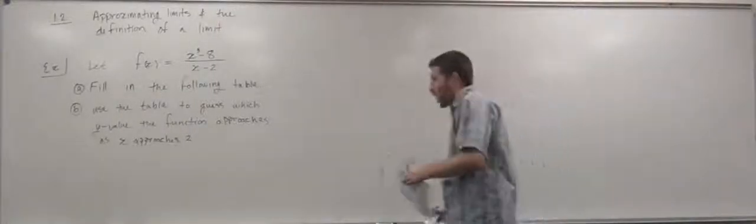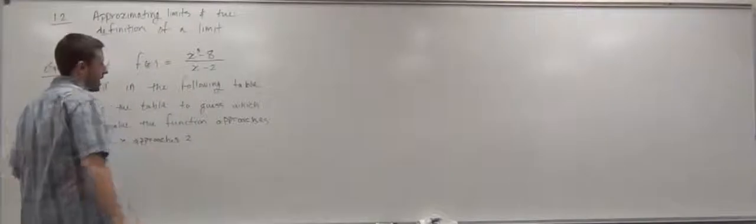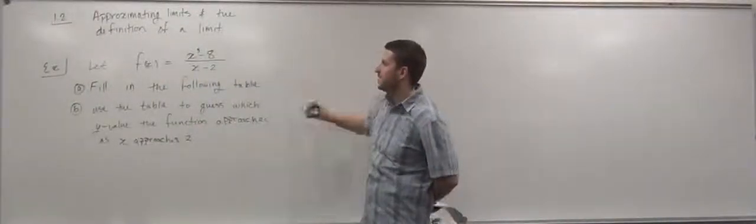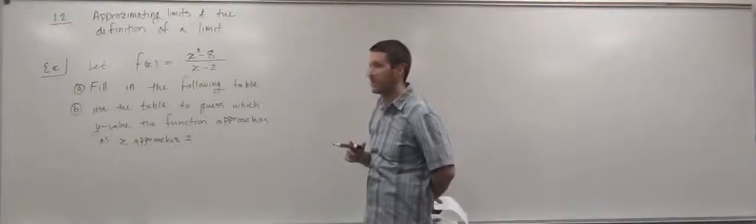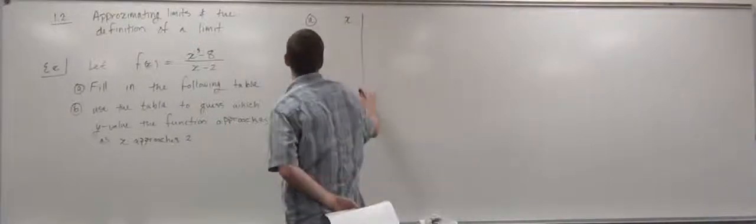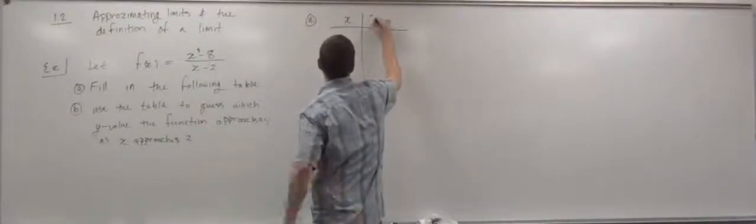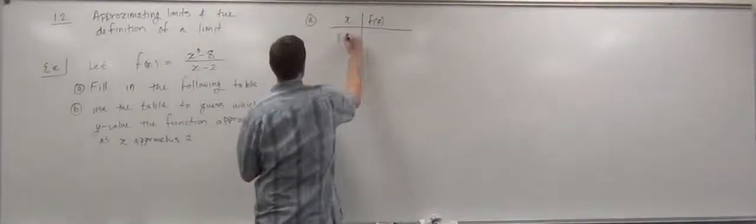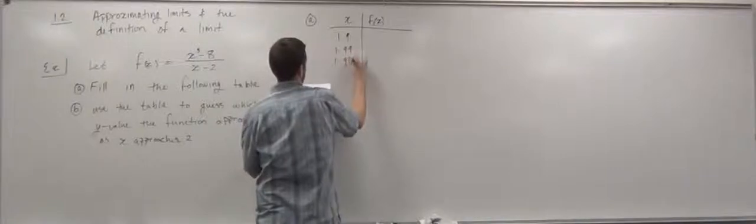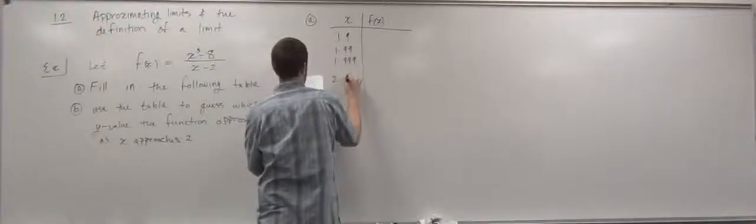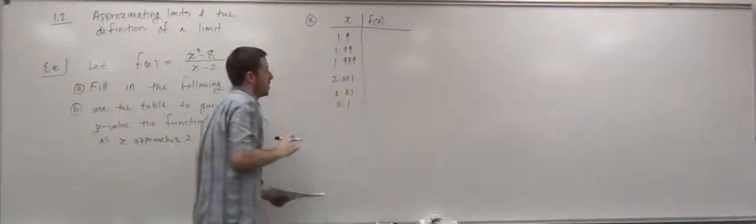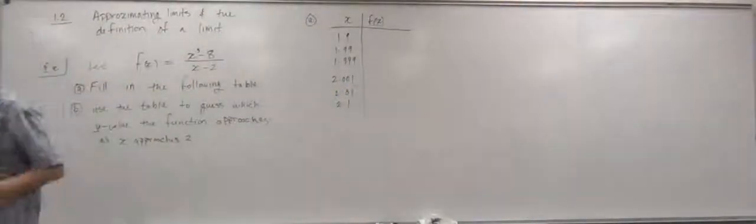Now, if you have a graphing calculator, then you probably have a table function. But since I'm not letting you use graphing calculators, if I give you something like this on a quiz, you'll have to use your scientific calculator. If you have a table like f of x, and I give you specific x values, none of these are equal to 2.